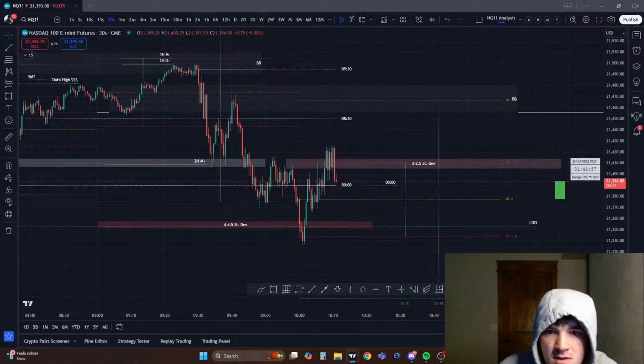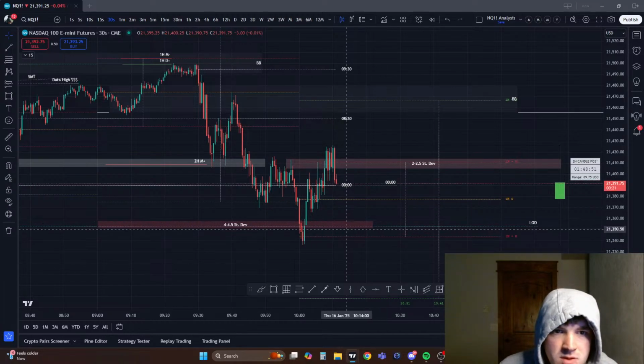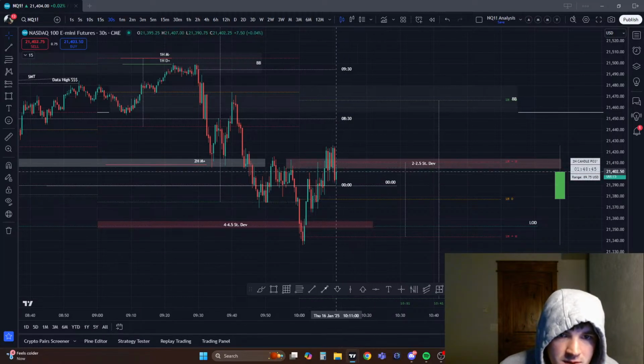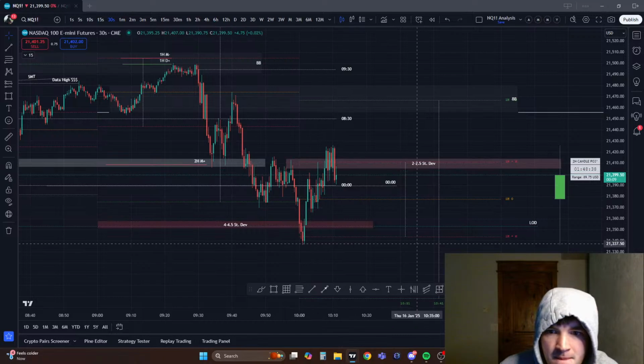All right, got delivery from this area. All right, we inverse this fair value gap on the 32nd. So this is the 1 hour stat map.